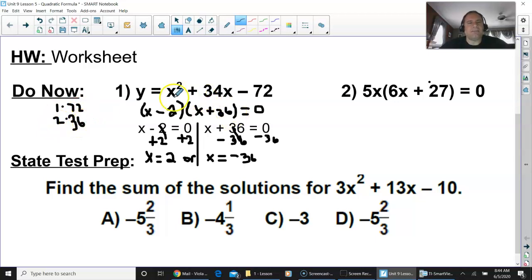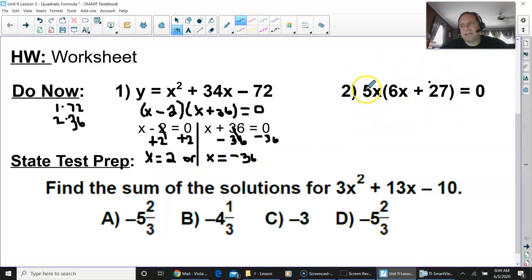The 36 has to be positive and the 2 has to be negative for it to add to a positive 34. So you have x minus 2 times x plus 36 equals 0. Replacing that y with the 0, and then you have x minus 2 equals 0 and x plus 36 equals 0. Solve each, and you have x equals 2 or x equals negative 36.